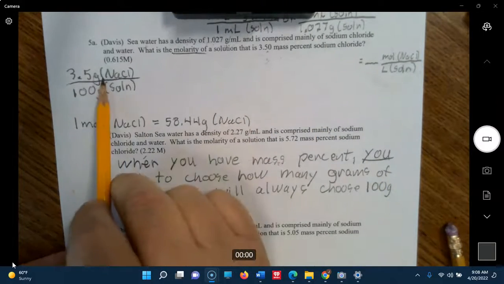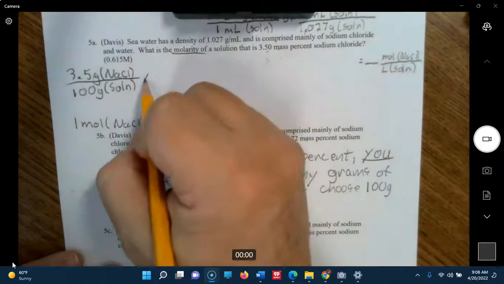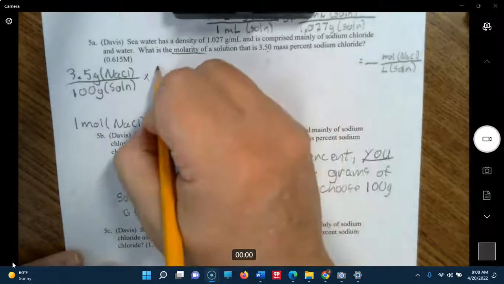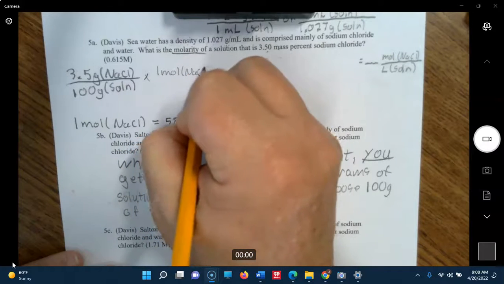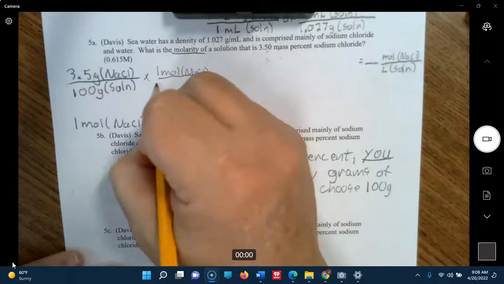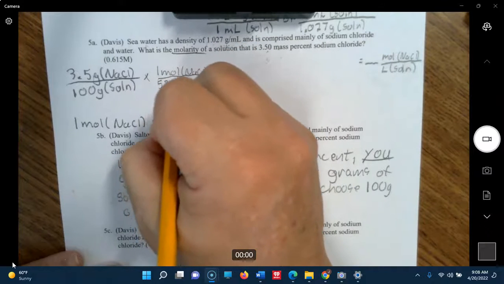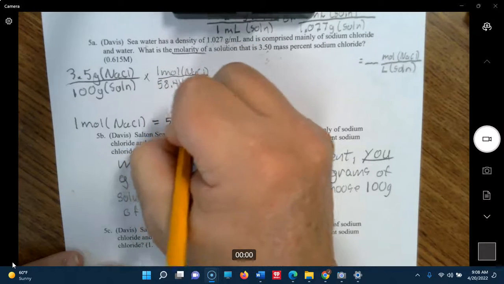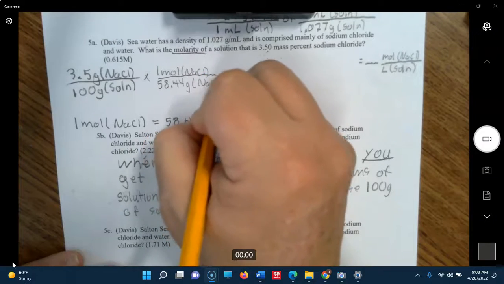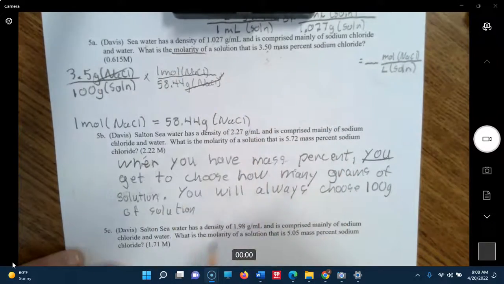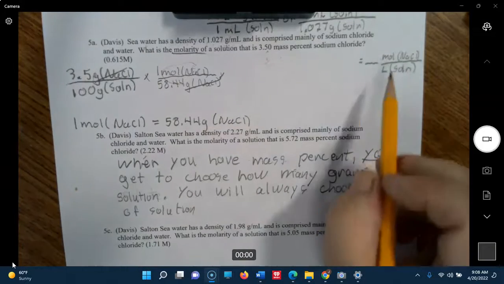Okay, so what we're doing is we're dealing with the top first, grams of NaCl to moles of NaCl, so we need that molar mass, so it's going to be this. So grams of NaCl cancels and cancels, so now all you have on the top is moles of NaCl. That's what you want at the end.